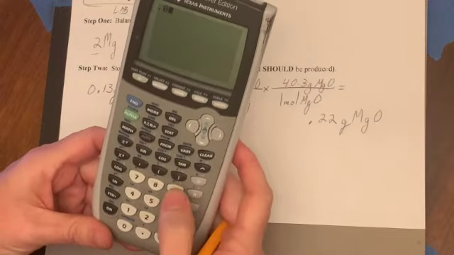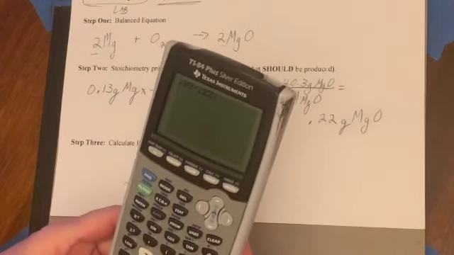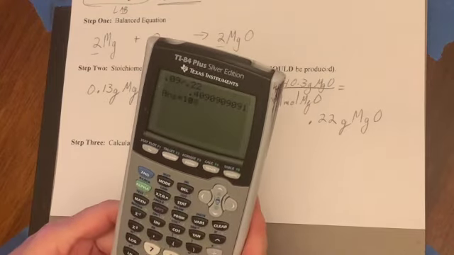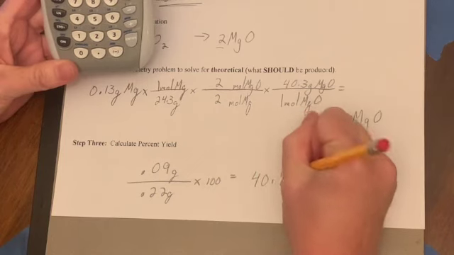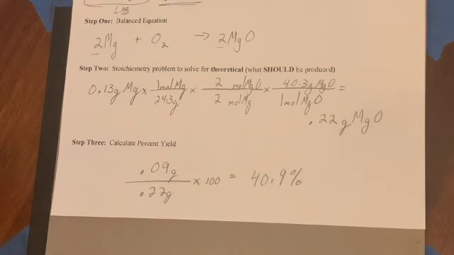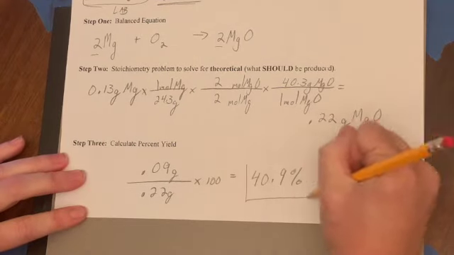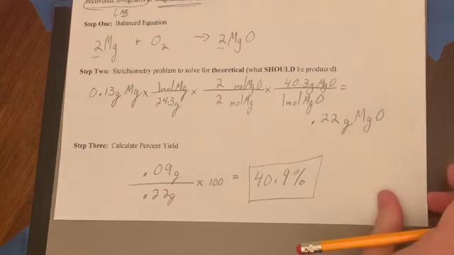So I've got 0.09 divided by 0.22, and I'm going to multiply that by 100, and she got about a 40.9% yield, which tells us that she got about 41% of what she should have gotten in this lab. And that's okay, that happens sometimes in reactions. So let's go on ahead.